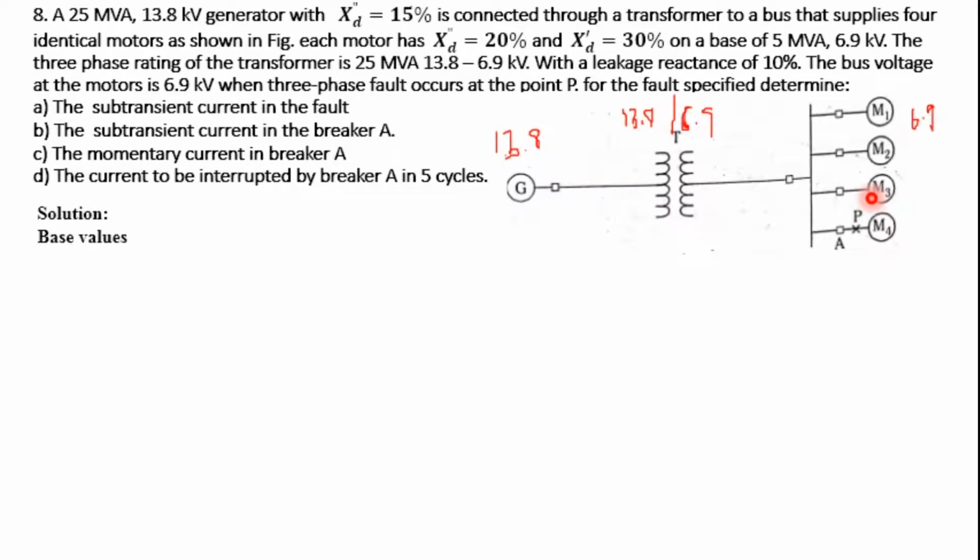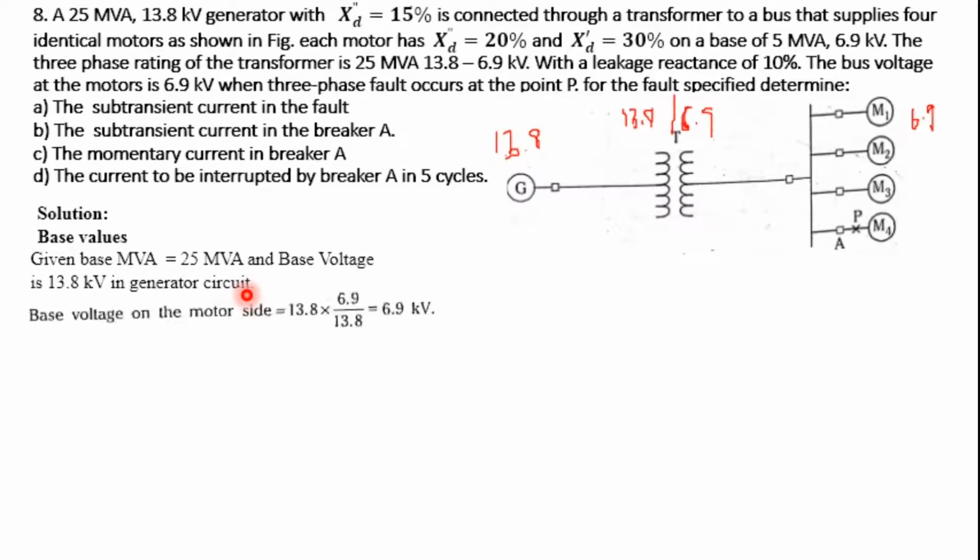For the solution, we have to consider the base value. As I told you, the one with the highest MVA rating is the base. So the generator is 25 MVA, and the corresponding base voltage is 13.8 kV in the generator.